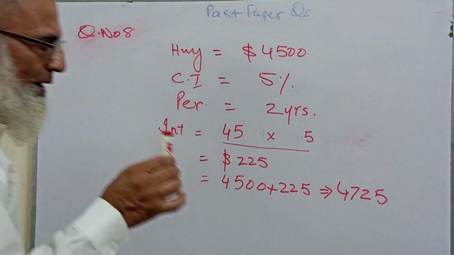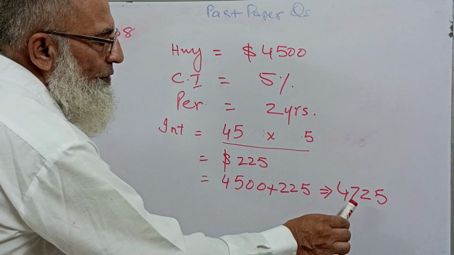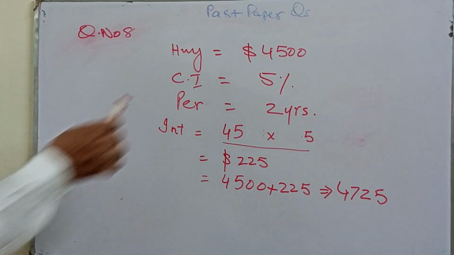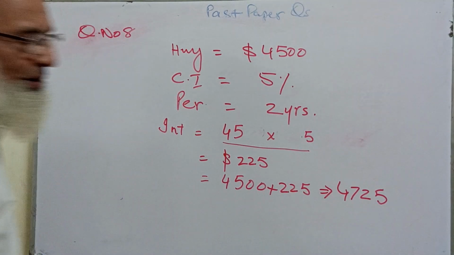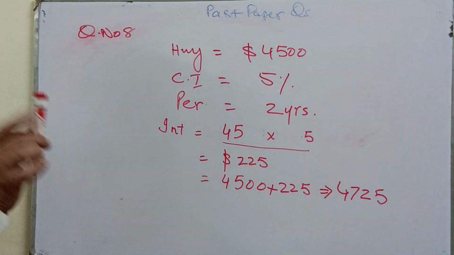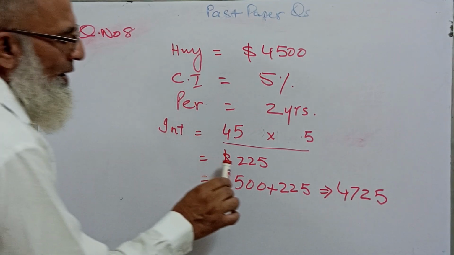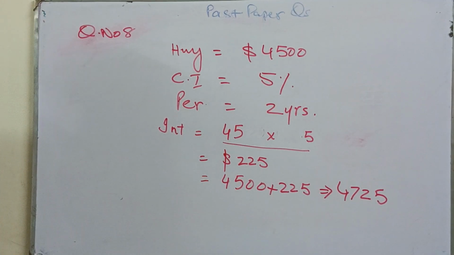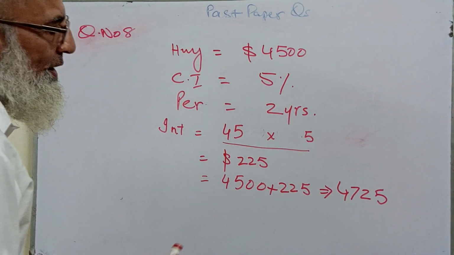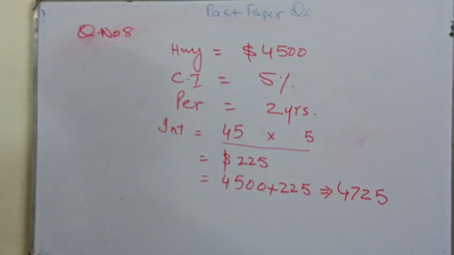Number one, we can find the amount which this man owes to the bank at the end of the second year. Number two, we can find the interest of the first year and second year. And third, we can find the difference between the two.